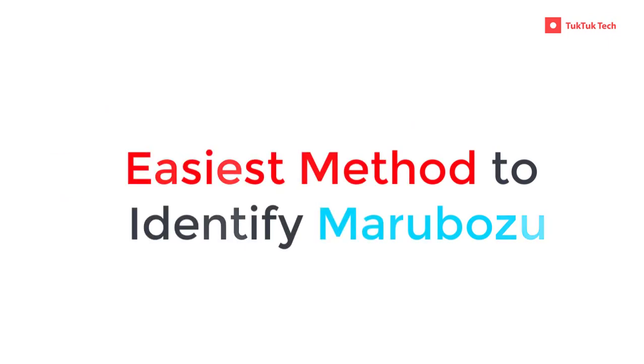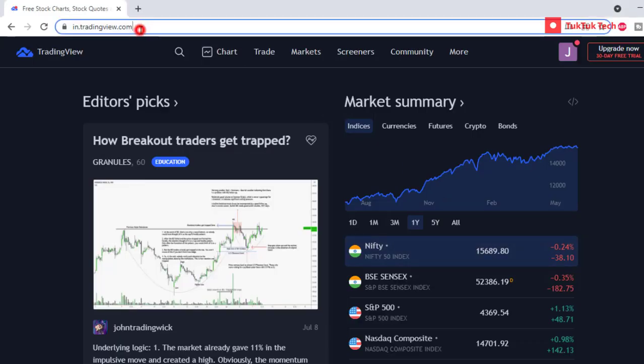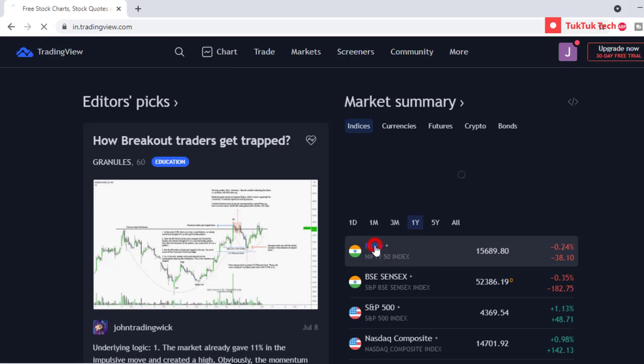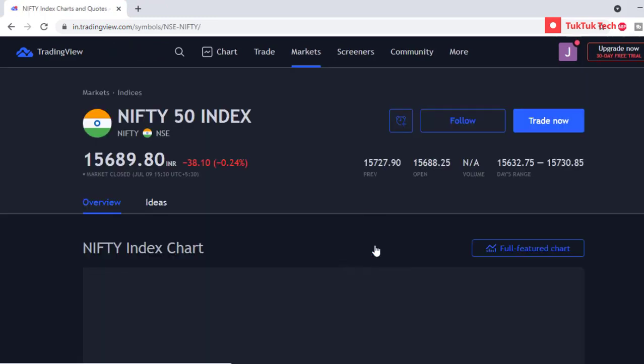Are you finding difficulty in identifying Marubozu candlesticks? Go to tradingview.com and open your favorite stock chart.